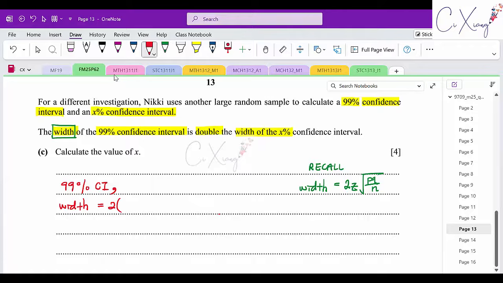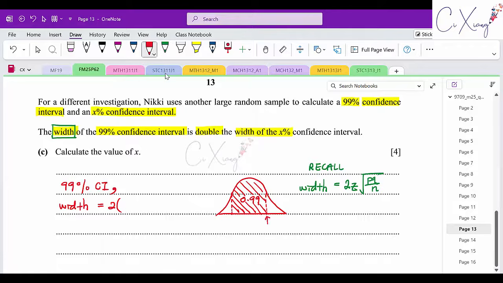Then again, you need to recall how the graph looks like. Okay, so 99% means that the center part here should be 0.99. Then where's the Z?